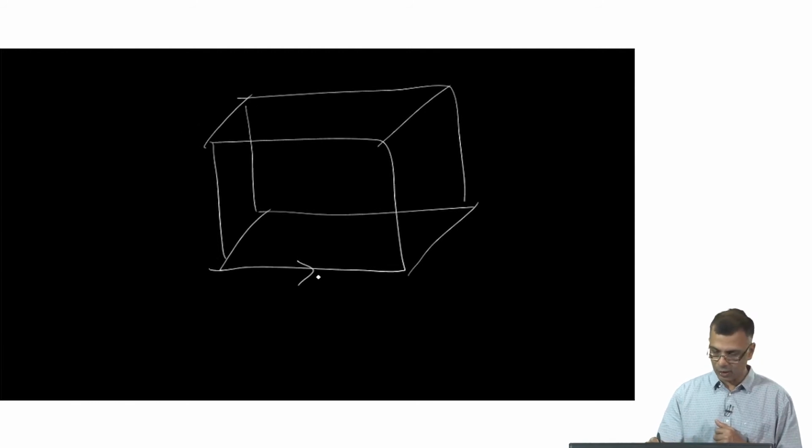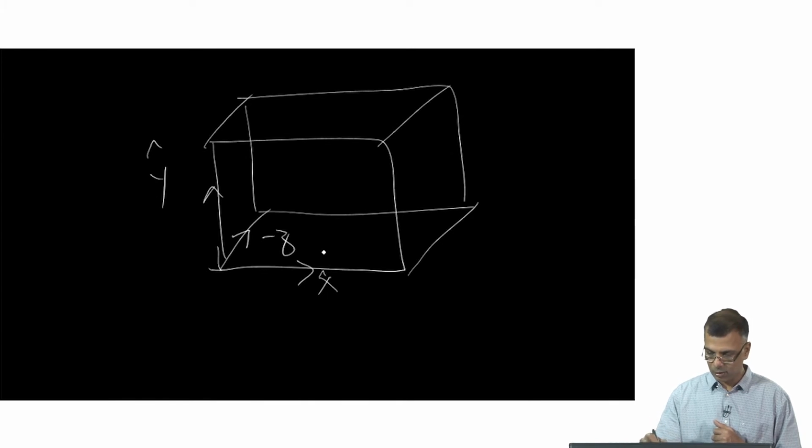Let us say this is the x axis, this is the y axis, and this is the minus z axis, because x cross y has to be z. So, if you rotate from x to y, a right handed screw would come out in this direction. So, that would be the minus z axis.